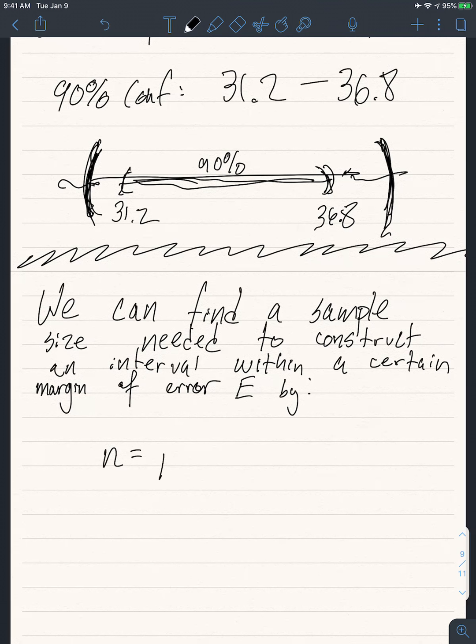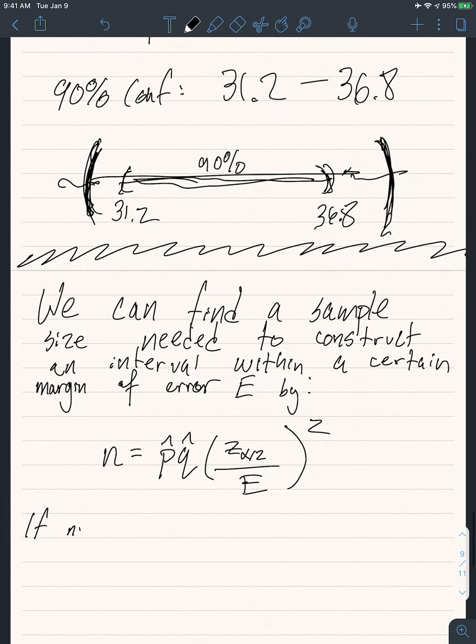It'll be p hat times q hat times z sub alpha over 2, our critical value, over the margin of error squared, if no prior estimate is known.